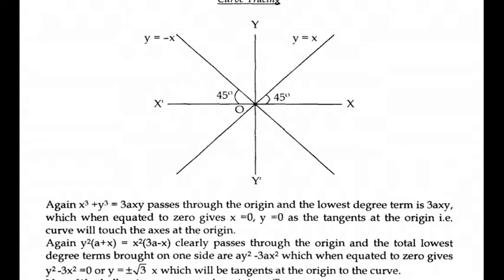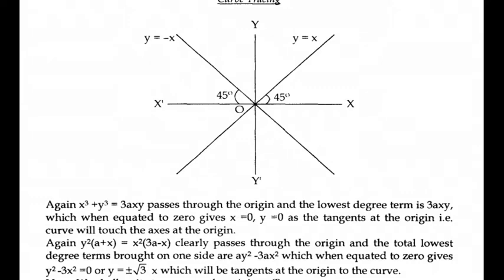If you equate 3axy to 0, we get x is equal to 0 and y is equal to 0. That means the tangents at the origin, it will touch the axes at the origin. That is, both the axes, x is equal to 0, y is equal to 0, form the tangents to this curve.